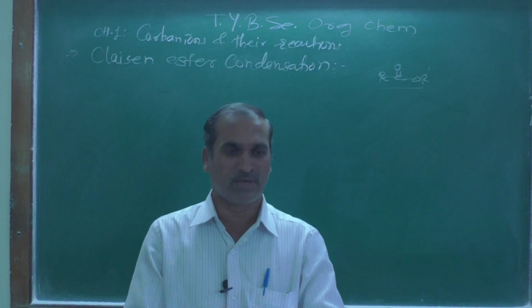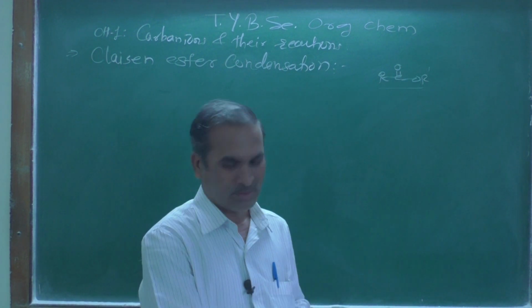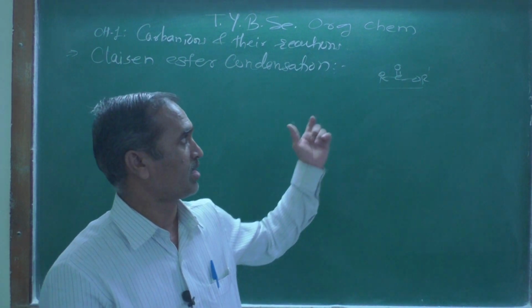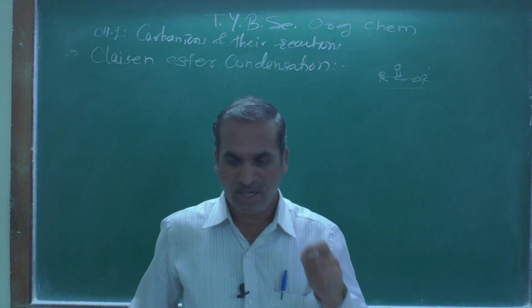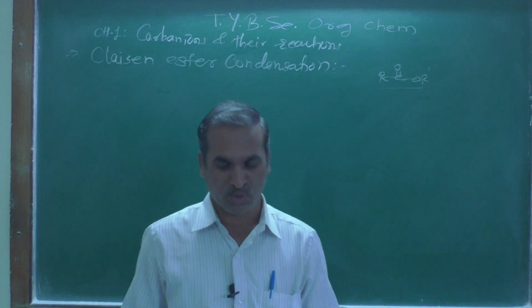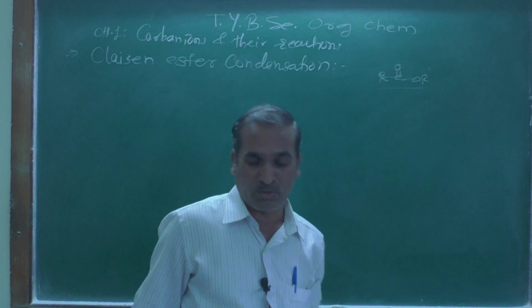So ester is an organic compound. The simplest definition: the organic compound having the general formula RC double bond OR dash is known as an ester, where a carbonyl group is present.